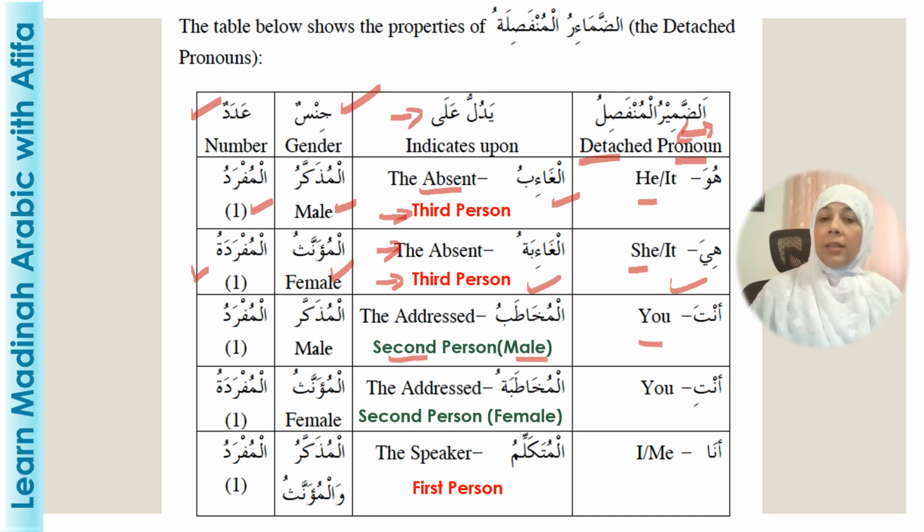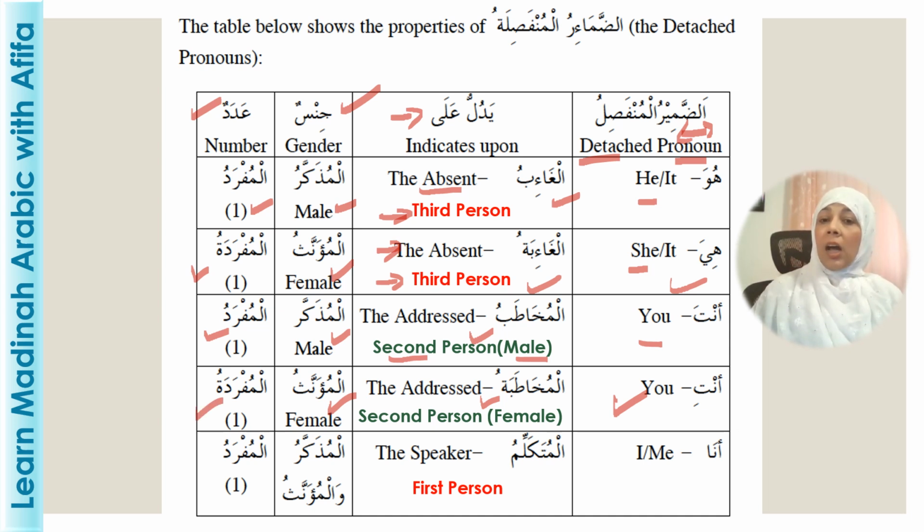This in Arabic is al-mukhatabu. And again, it is al-muzakkar, which is masculine, and al-mufrad, which is singular. Anti is for female you. And again, second person female, the addressed in Arabic is al-mukhatabatu. It is al-muannas, which is feminine, and it is singular, al-mufradatu.